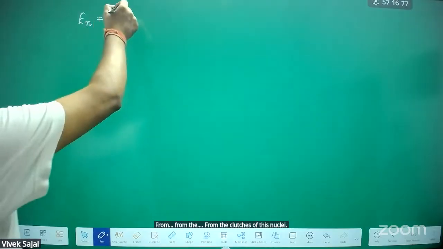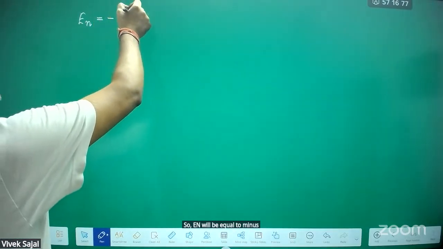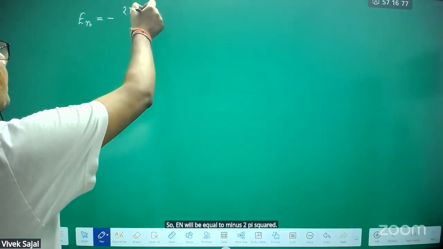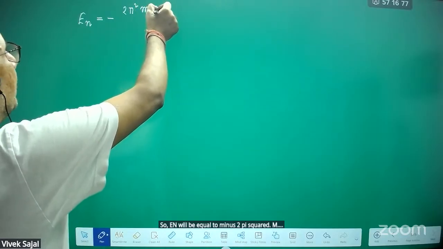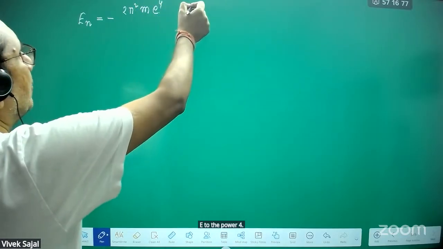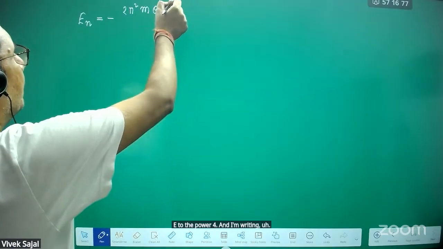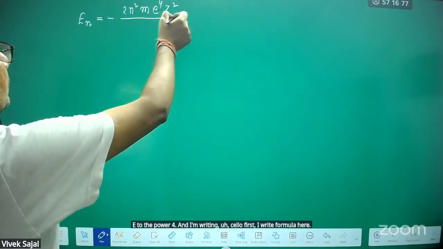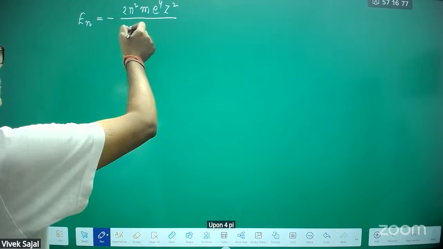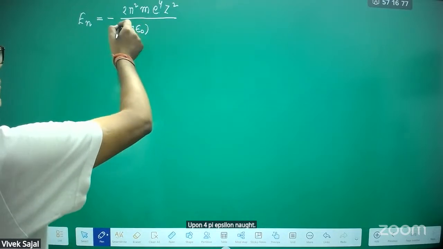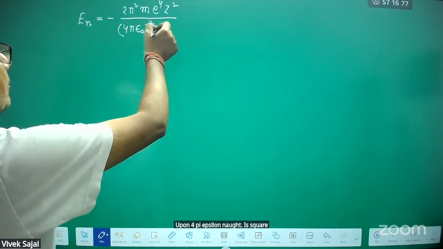So En will be equal to minus 2 pi square m e to the power 4, and I'm writing, let me first write the formula here, upon 4 pi epsilon naught square n square h square.